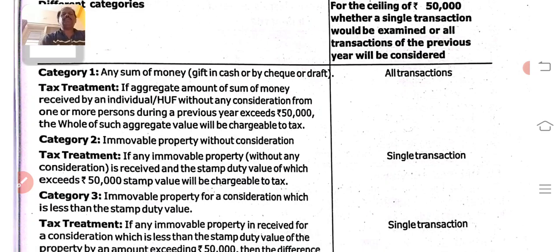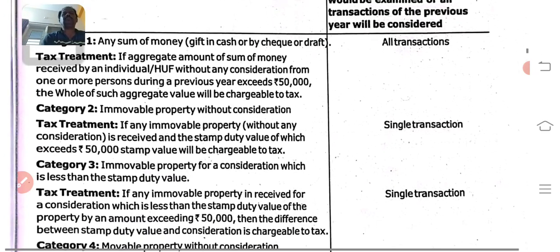Any sum of money, gift in cash or by cheque or draft, all transactions taxed. If aggregate amount of sum of money received by an individual or HUF without any consideration from one or more persons during the previous year exceeds 50,000, the whole of such aggregate value will be chargeable to tax.